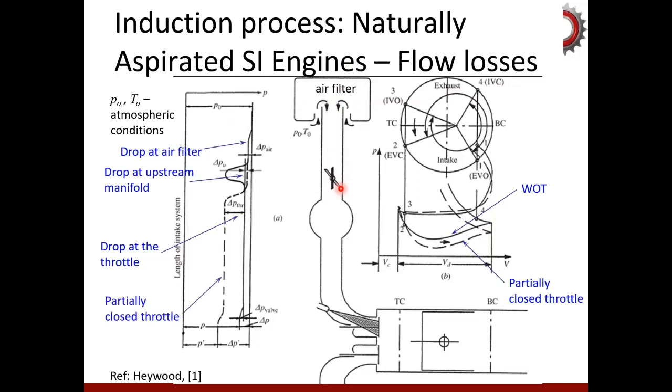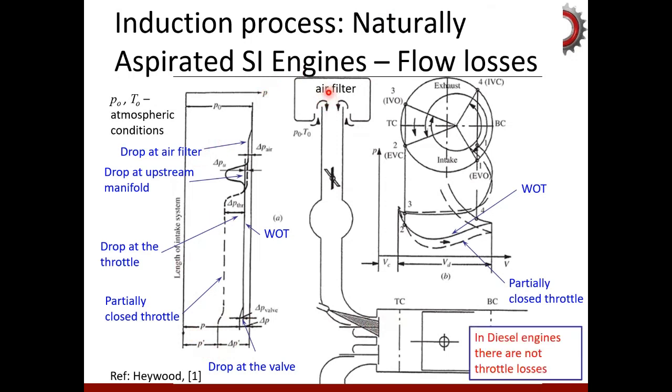And then there will be further flow losses at the valves. We'll discuss those in detail. Accordingly, the pressure available just before the cylinder in the intake system would be somewhat less than the atmospheric pressure, that is the air pressure before the air filter. In diesel engines, of course, there is no throttle, therefore the throttle losses will be minimum.